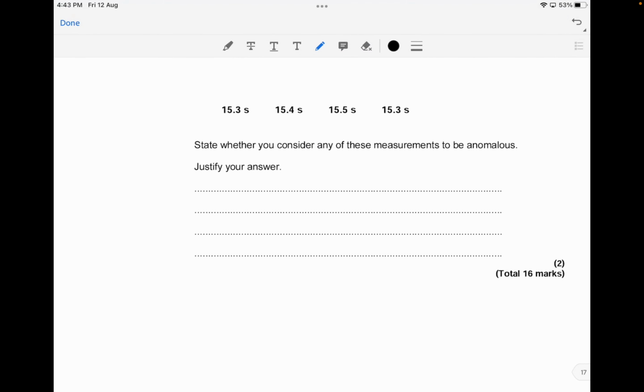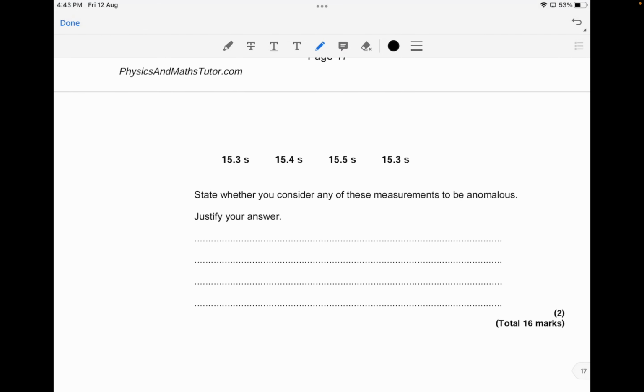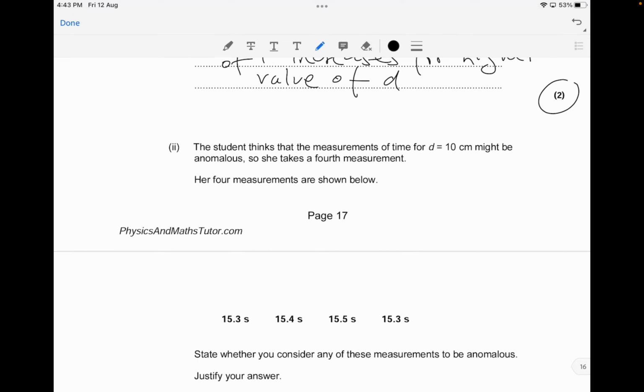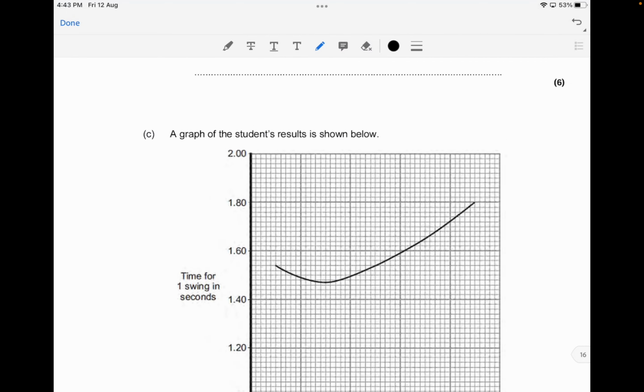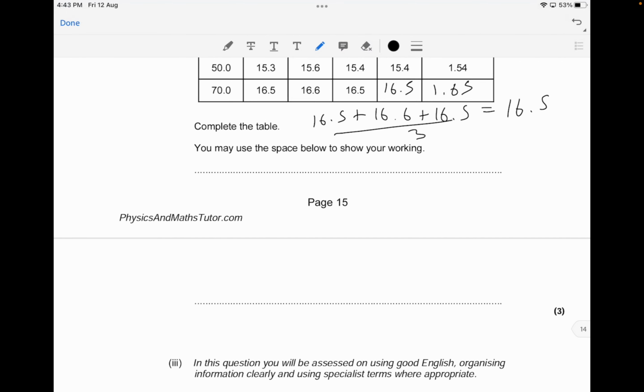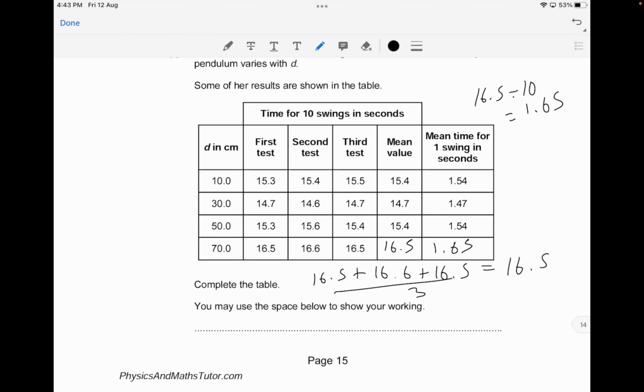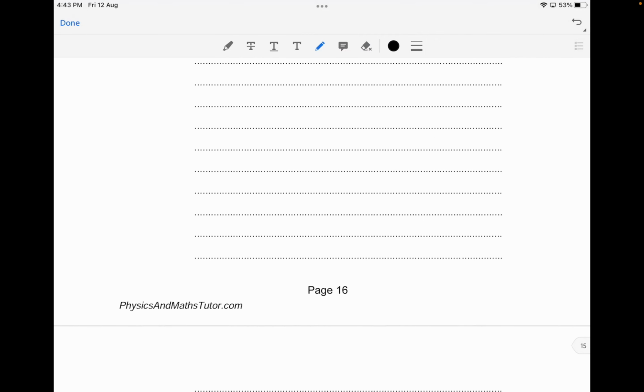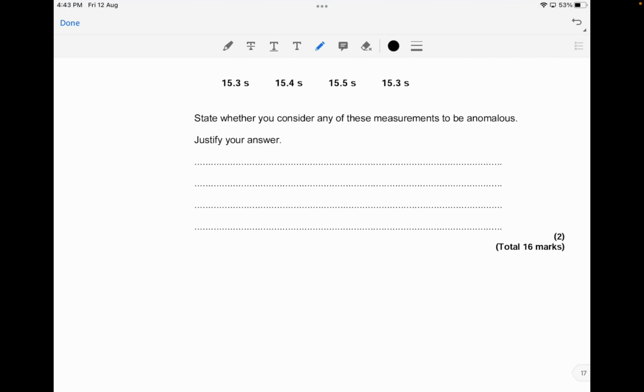So none of these measurements seem to be anomalous, because the fourth reading is pretty close to the mean, if you have noticed that. If you look at the table above, 15.4 is the mean.